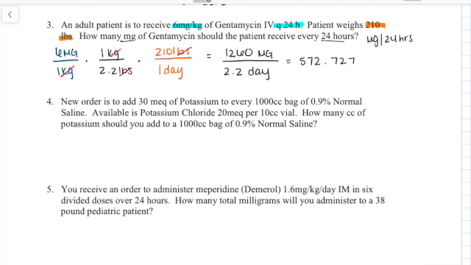Using the rounding guidelines, and actually that's milligrams per day, we're going to change that to 572.73 milligrams per day. And on the test, we should write it actually as per 24 hours. And that is the answer.